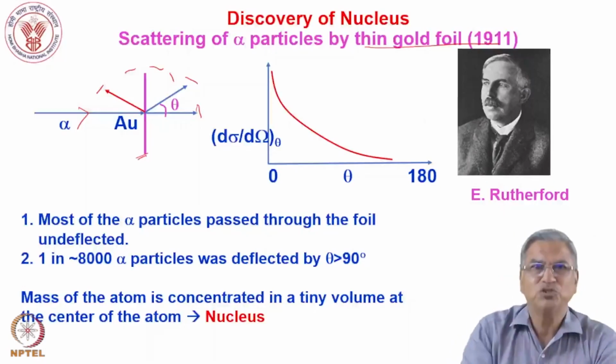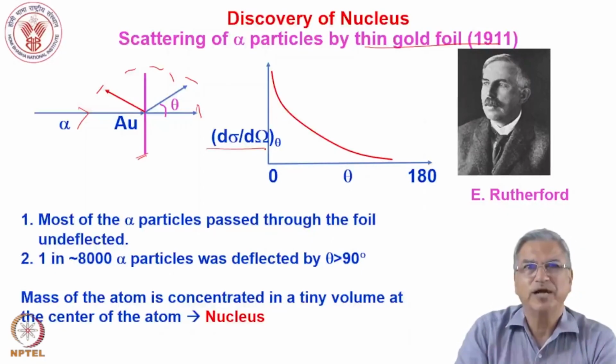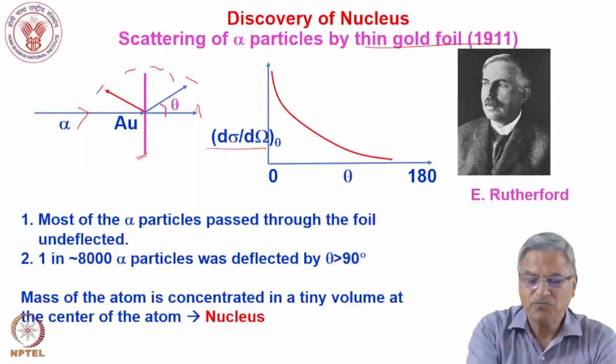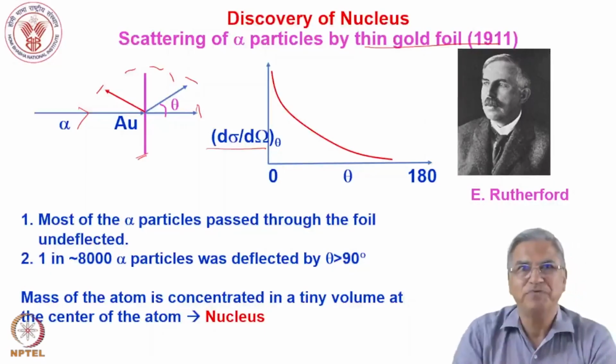So the angular distribution d sigma by d omega, where omega is the solid angle, as a function of angle was found to have this type of behavior.